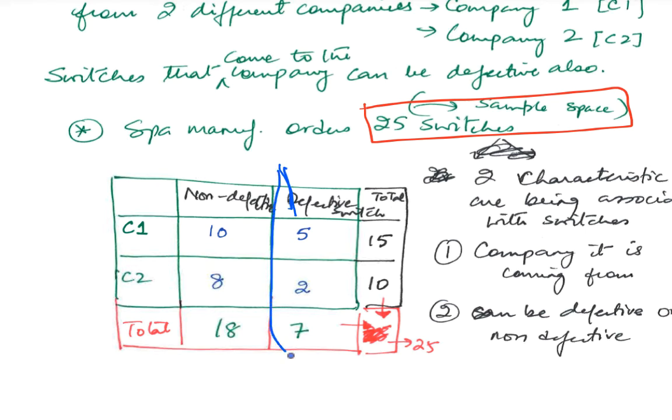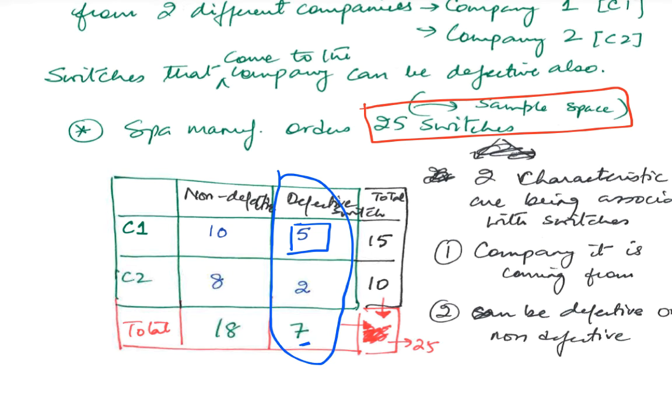So what is my sample space? Now 7 is my sample space. And how many switches are coming from Company 1? Basically 5. So using simple logic, the probability that a defective switch is coming from Company 1, when we know the switch is defective, is 5 divided by 7.